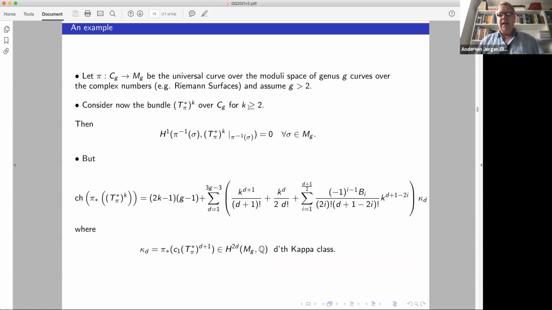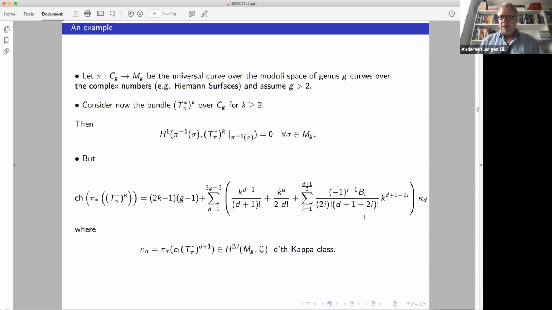And so if k is bigger than 2 here, you will have that the higher cohomology groups are 0 by ordinary Kodaira vanishing. And it has constant rank, therefore it generates a bundle. And a very simple computation will tell you that the Chern character of the push forward of this fiberwise cotangent bundle to the universal curve is given explicitly like this.